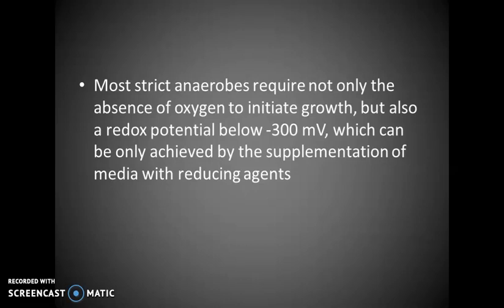Most strict anaerobes require not only the absence of oxygen to initiate growth, but also a redox potential below -300 millivolt, which can only be achieved by supplementing the media with reducing agents. Only then can the redox potential be established.